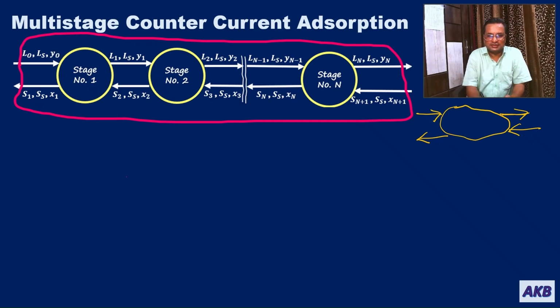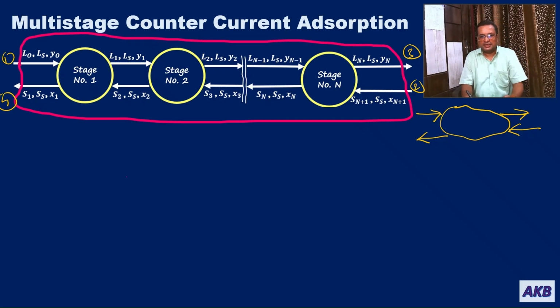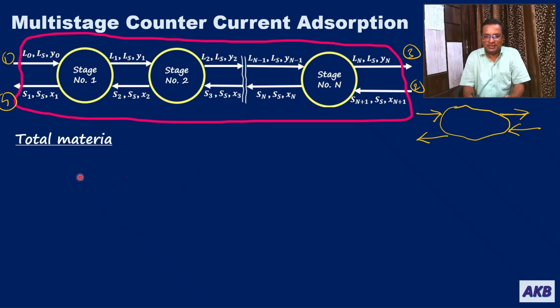So you have this stream, this stream, this stream, and this stream. So for taking the material balance, we will be considering this envelope. So first we will take the total material balance, and we are going to do that at steady state.